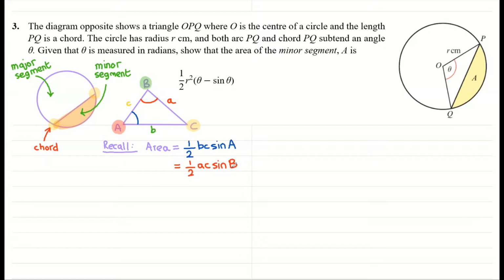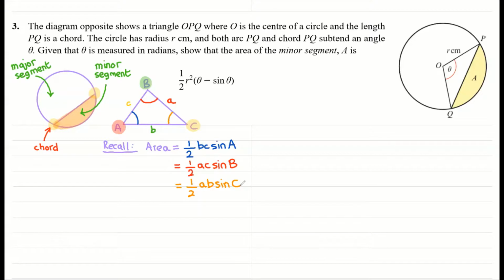And then the final one, let's take the angle C. Nothing to do with an island just off the north of Wales. Sorry about that. Okay, so that's going to be 1/2, and the two sides on either side of that angle are A and B. And then we take the sine of the angle C.